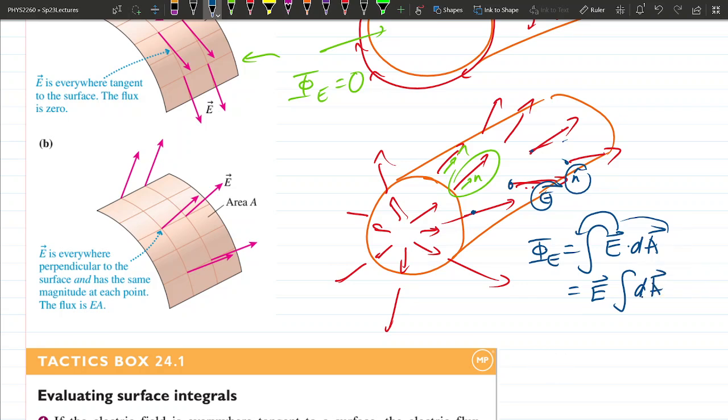When you integrate a differential of something, it just turns into that something. It just turns it into A. This is the case where we have the same electric field on that surface.